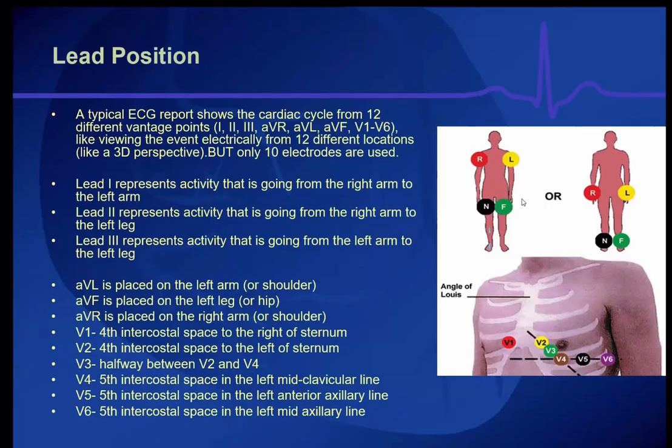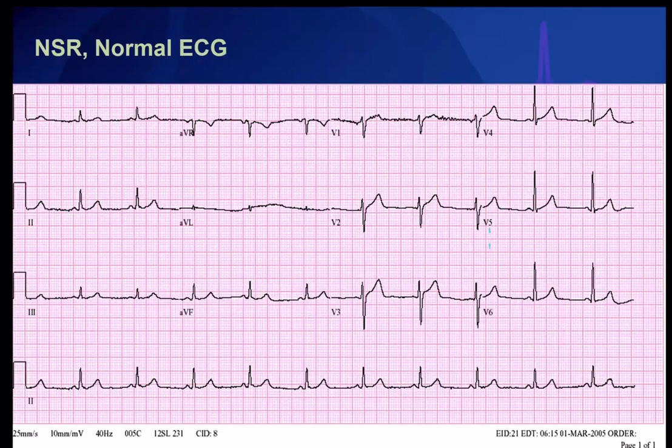So we go on and we see now a typically normal 12-lead ECG. You can see on the bottom of the slide that the speed of the ECG is 25 millimeters per second.